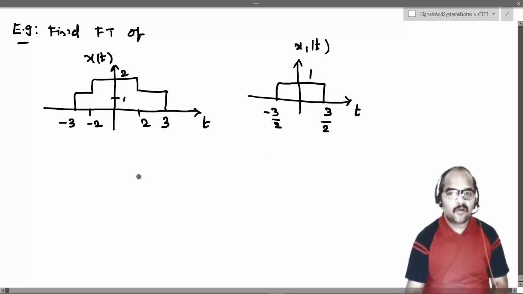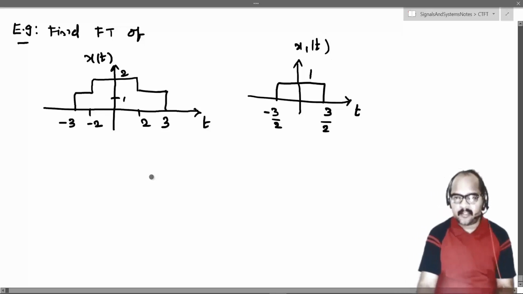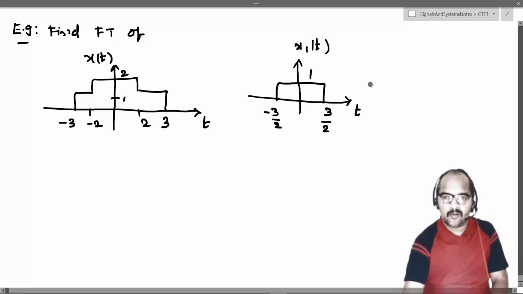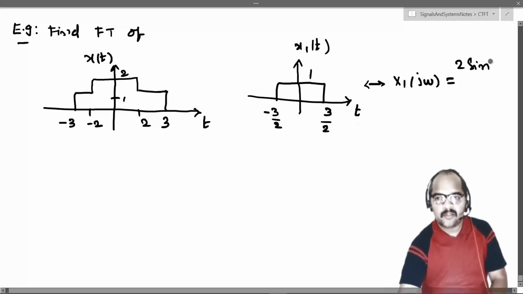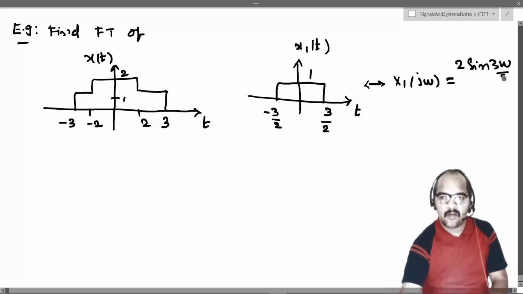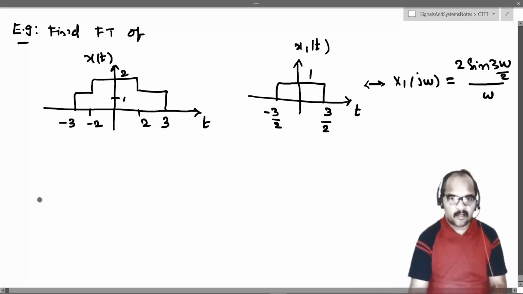We already know this signal's Fourier transform, x1 of j omega, equal to 2 sine omega T by omega, where T is 3/2. So you'll get 2 sine 3 omega by 2 divided by omega as the Fourier transform.